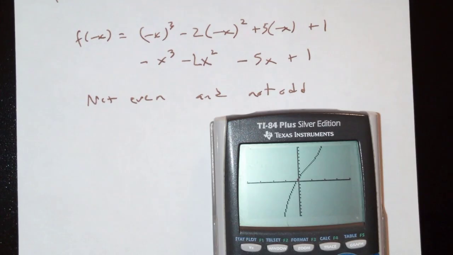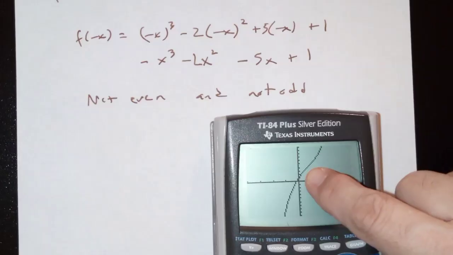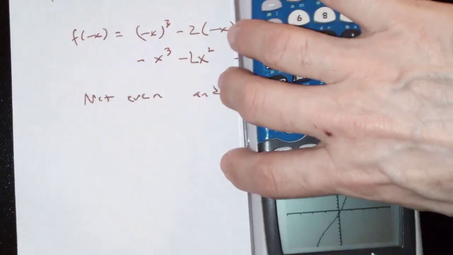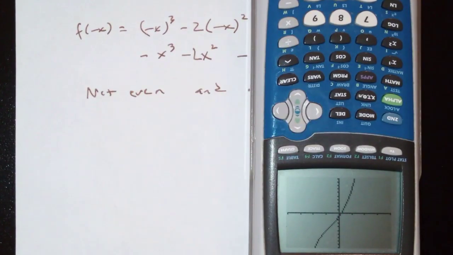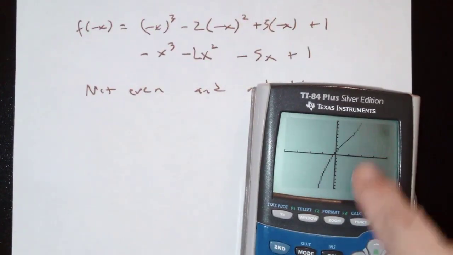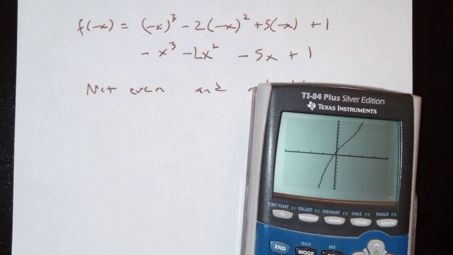So it's not even. And if I turn it upside down, does it look exactly the same? No. Because right now it goes through the top half above 0. And if I flip it, it isn't the same. So what's down here is not the same as what's up here, and what's down here is not the same as what's up here. It's not odd.